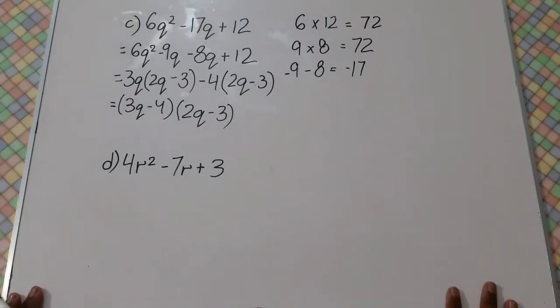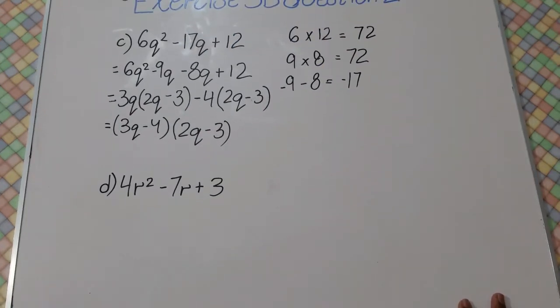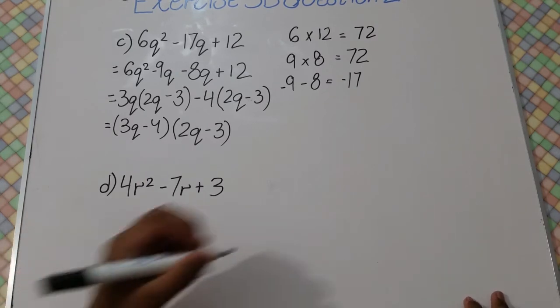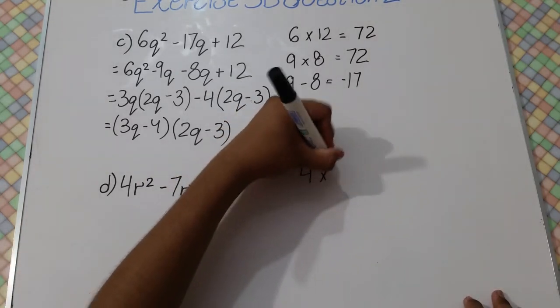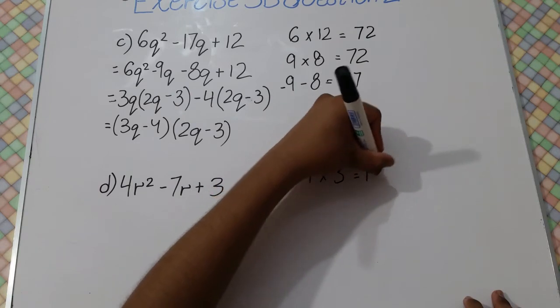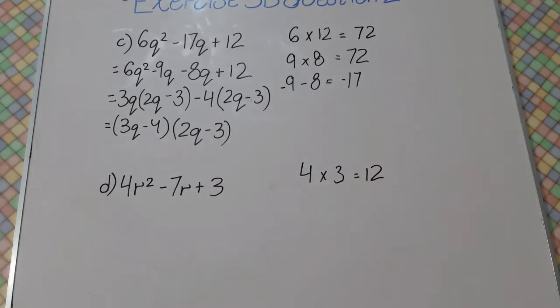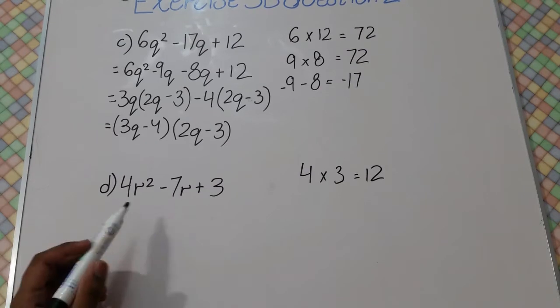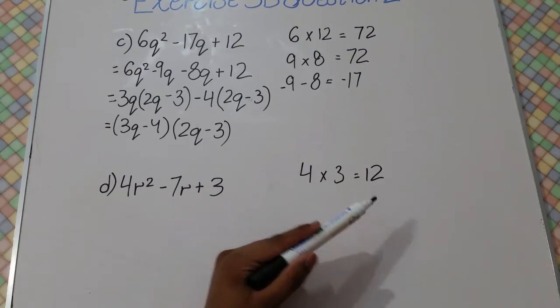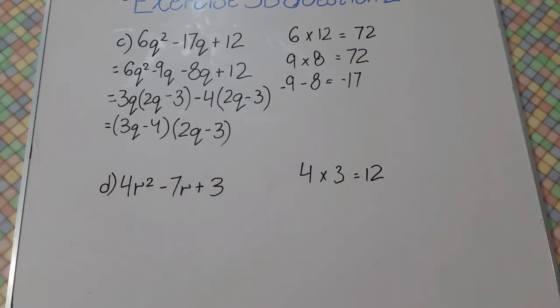So this is part D, and in this part first of all I'm going to multiply 4 with 3. So 4 multiplied by 3 is 12, and if we think of a number which by multiplying we get 12, and then by add or subtract we get 7, it would be 3 and 4.